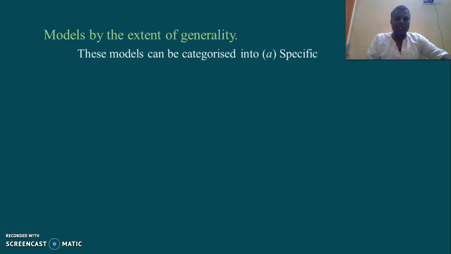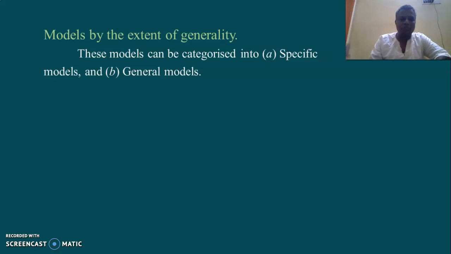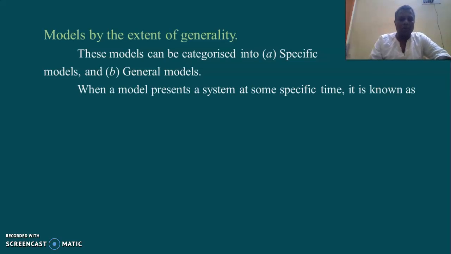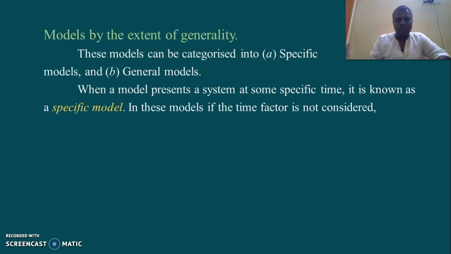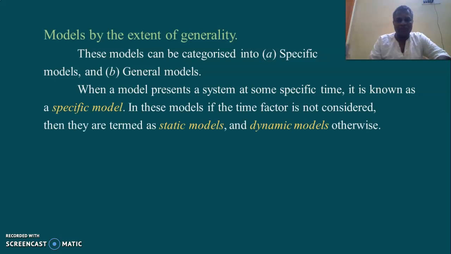Models by the extent of generality. These models can be categorized into specific models and general models. When a model represents a system at some specific time, it is known as a specific model.